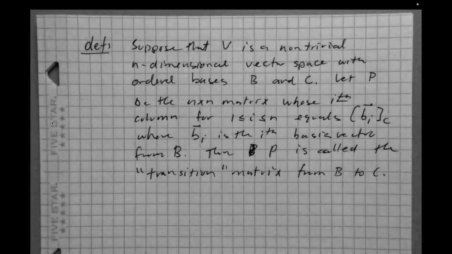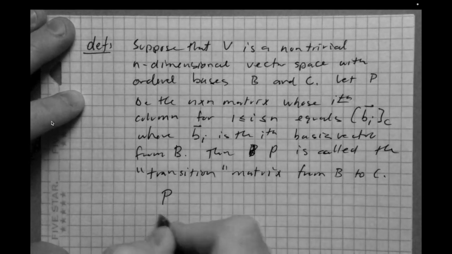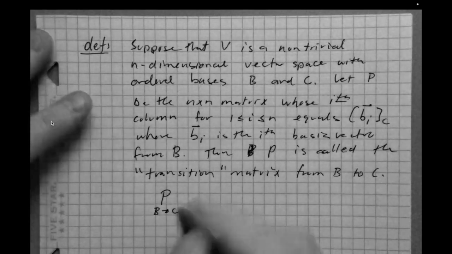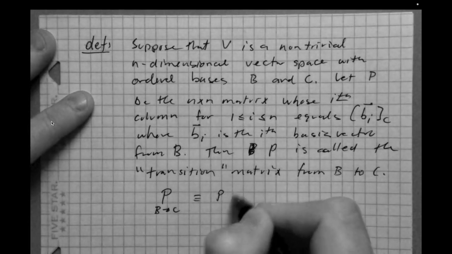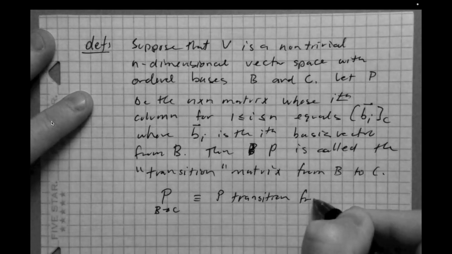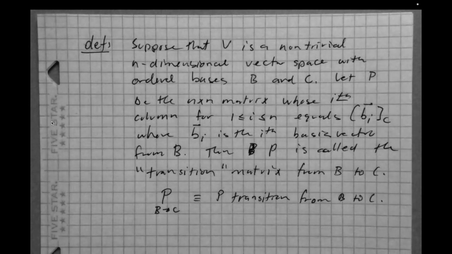Okay, so in this case, P is called the transition matrix from B to C. Now, some notation that is sometimes used would be like this: P from B to C. This is notation that I've seen people use before, which I think is convenient.